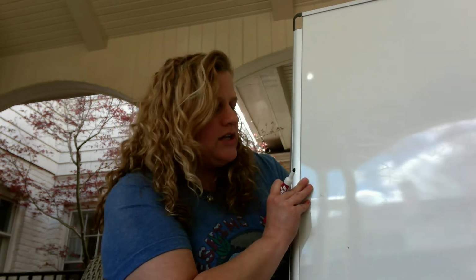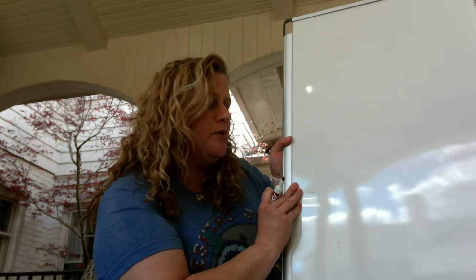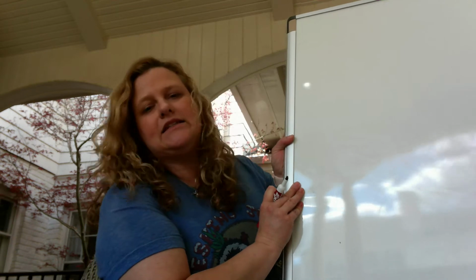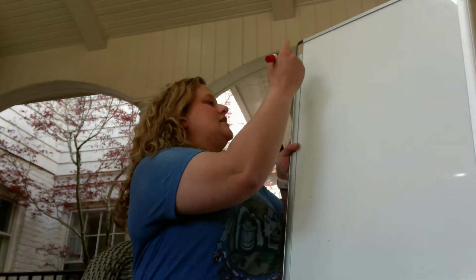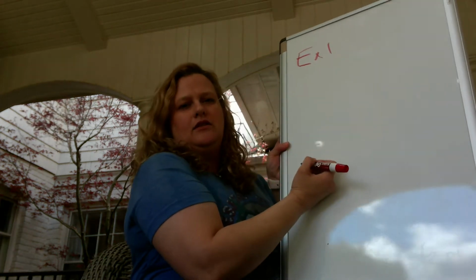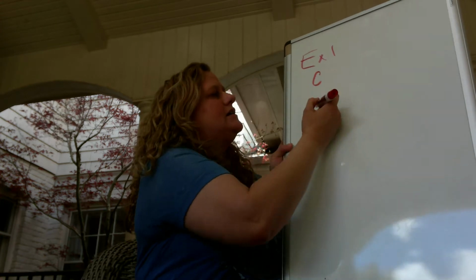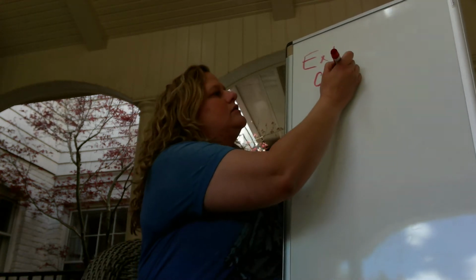So let's take a look. Example number 1, again, page 326. Example 1 says a number C is less than -4. So that's pretty straightforward. So we know that this number C is less than -4.